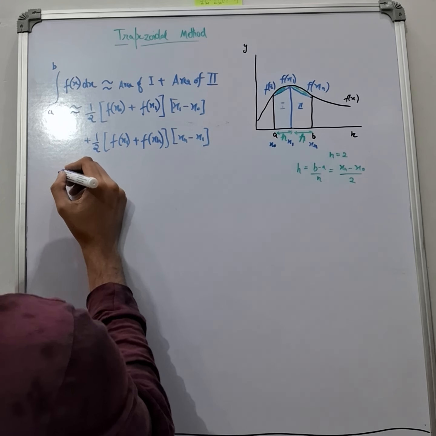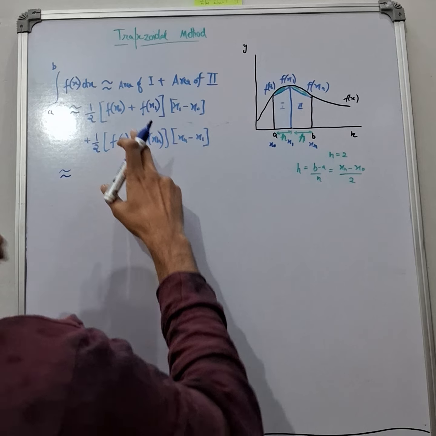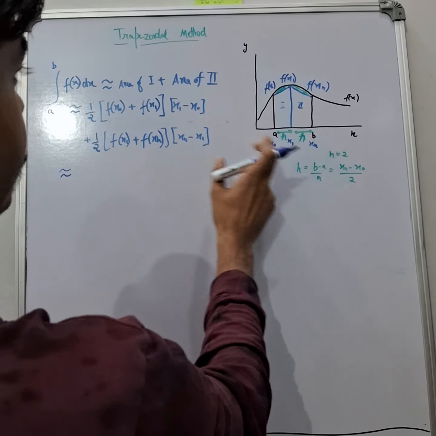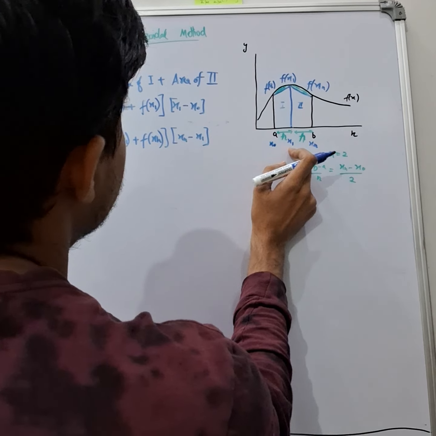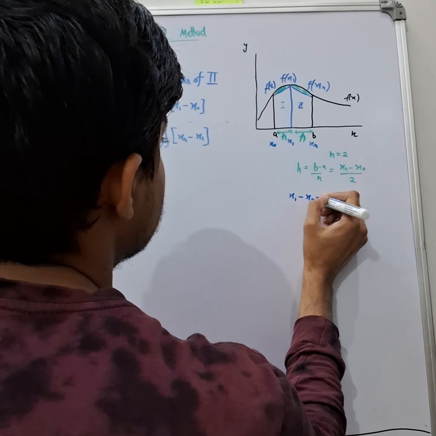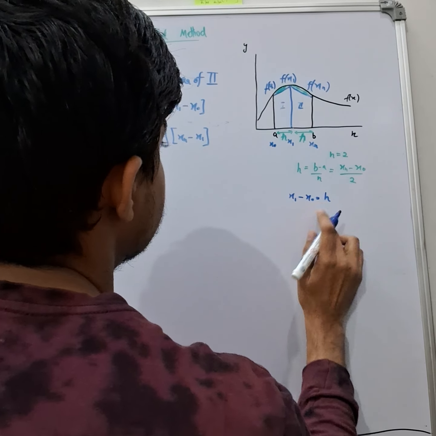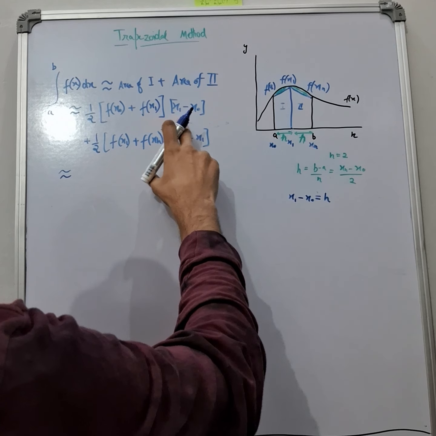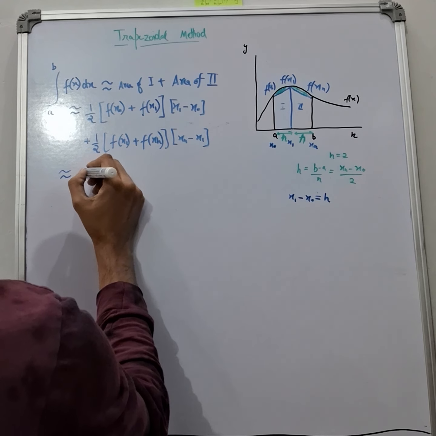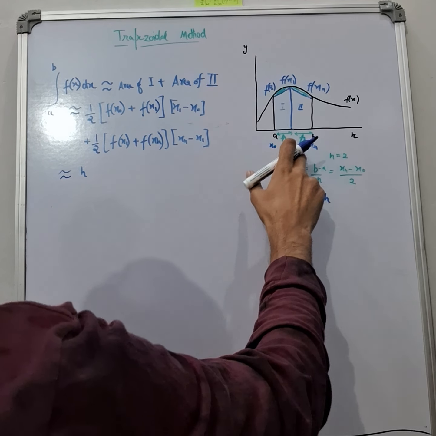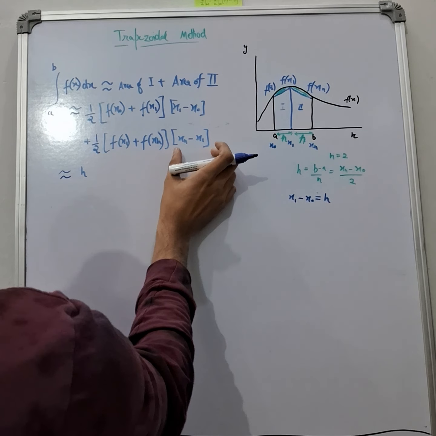From here we can see that x1 minus x0 is equal to h, so we can put an h here, and similarly xn minus x1 is also h, so we can put an h here.